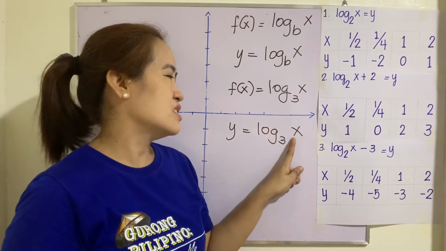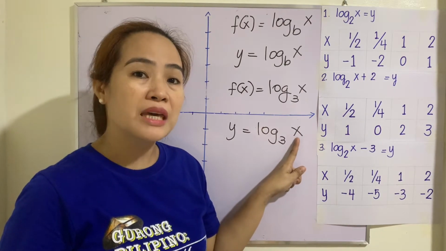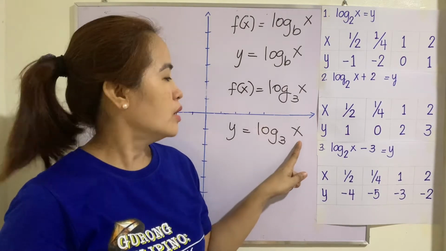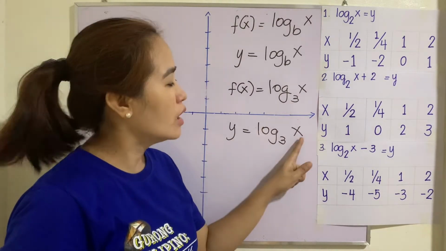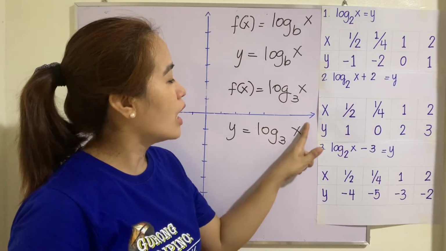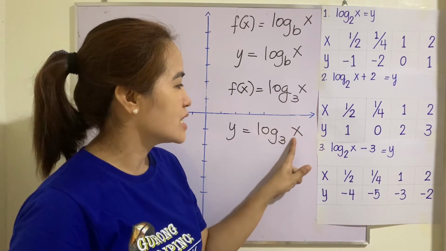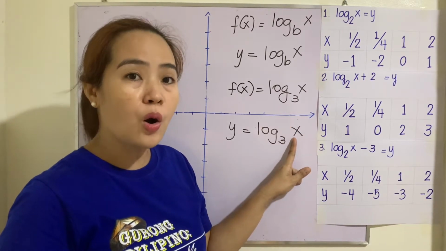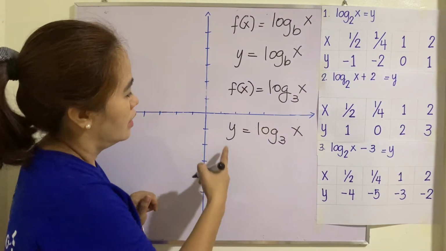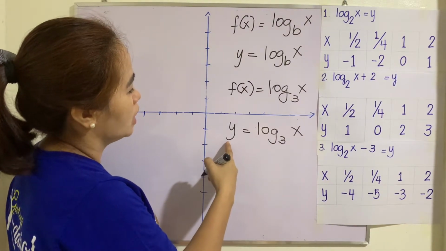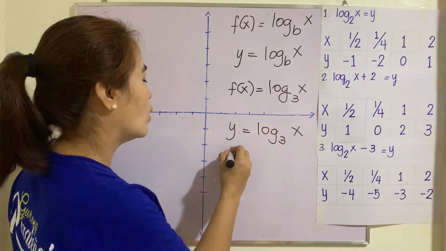Why did I say that this one should always be greater than 0? Because no matter what your exponent is, you cannot get a value that is equal to 0 or less than 0. Why? Suppose I will be putting here 1.